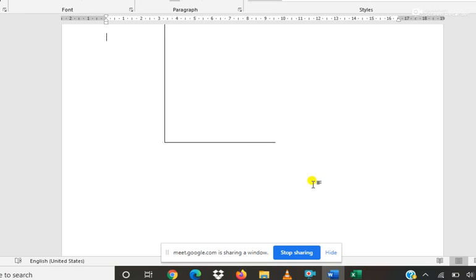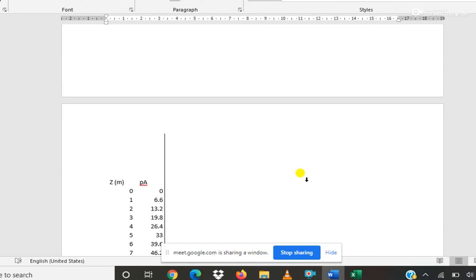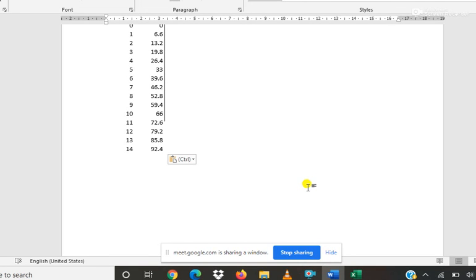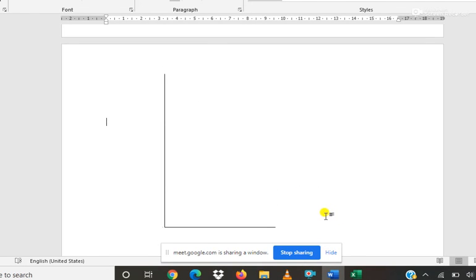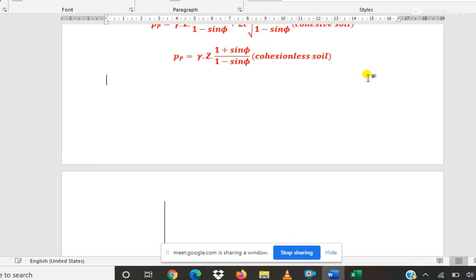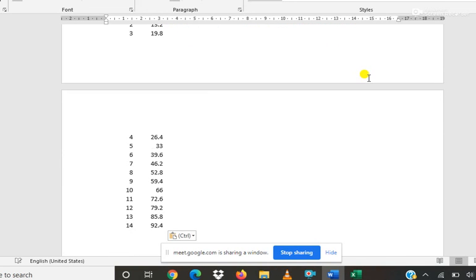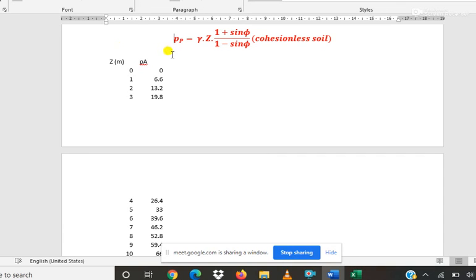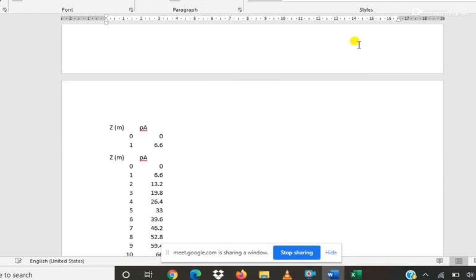I'm just copying the values we got after calculation in the Excel sheet.